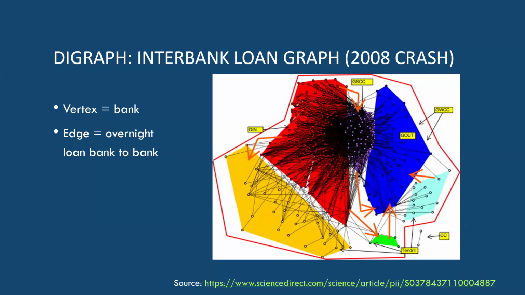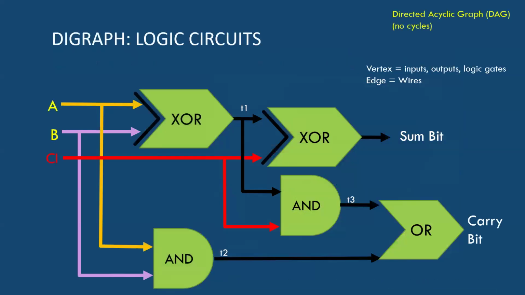Some of this has been used to analyze the bank crash of 2008 you may have read about or possibly remember experiencing. Electrical circuits can be considered to be graphs. In this particular case, they don't always have cycles. They can have cycles in them electrically, but simpler circuits like this are DAGs, or directed acyclic graphs.